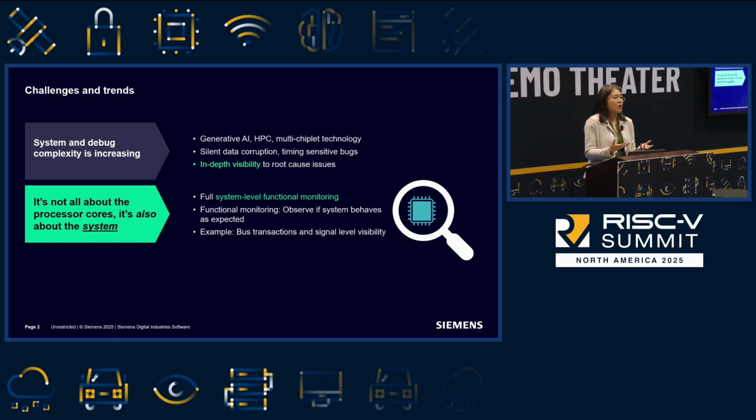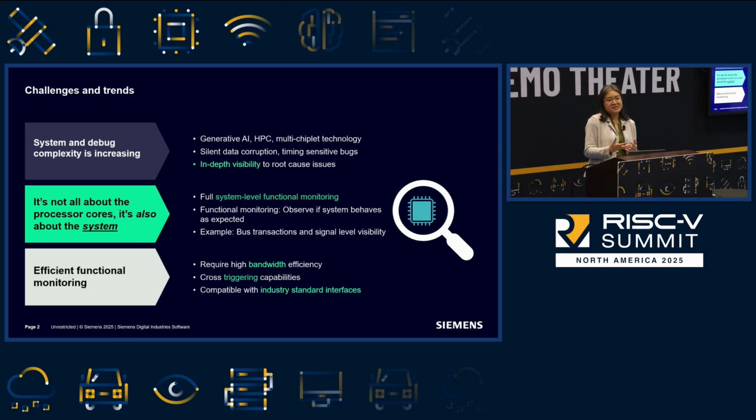One good example of functional monitoring beyond the processor core is maybe you want to monitor the bus transactions that are happening within the system to give you more visibility into what's happening. Or maybe there are specific hardware signals within the system itself that you want to have added visibility to know what's going on.